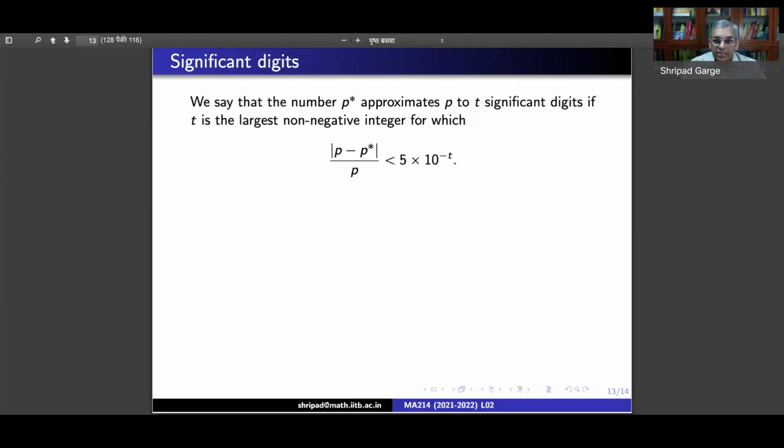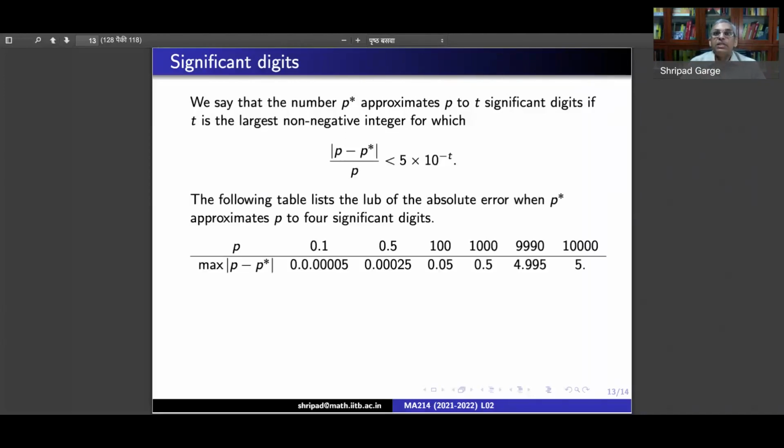So for instance, if I were to approximate 0.1 to 4 significant digits, then the maximum absolute error, there are two decimal digits here, is 0.00005. Whereas if I were to look at 100, then the absolute error that is allowed is 0.05.